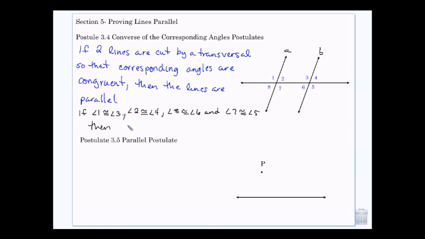We'll say A and B. A is parallel to B. So before, parallel gave us congruent angles. Now we have congruent angles give us parallel. So again, we're just talking about the corresponding angles right now: 1 and 3, 2 and 4, 8 and 6, and 7 and 5.